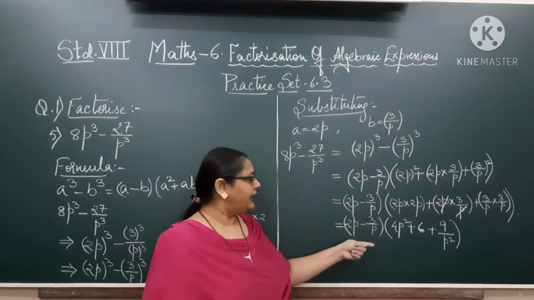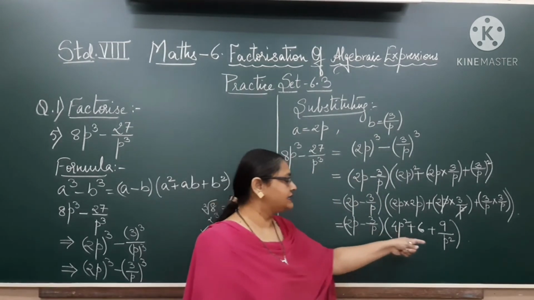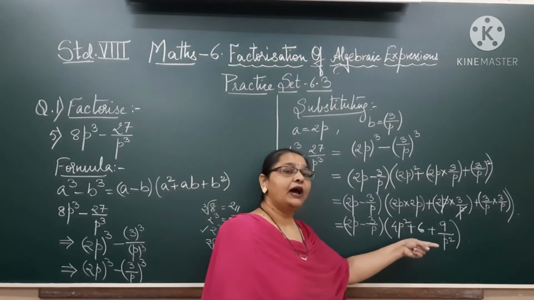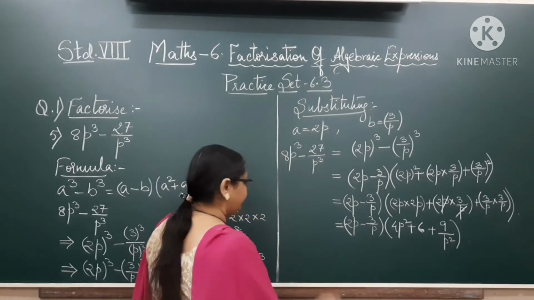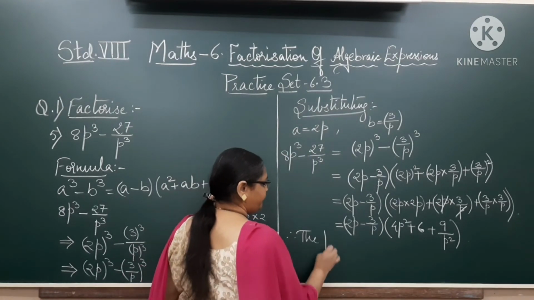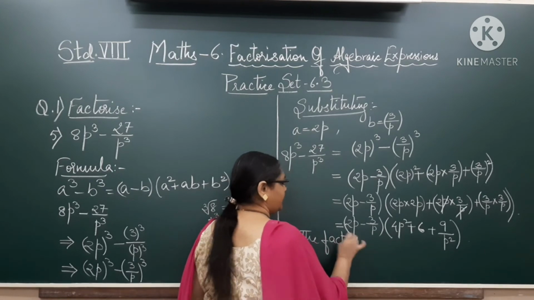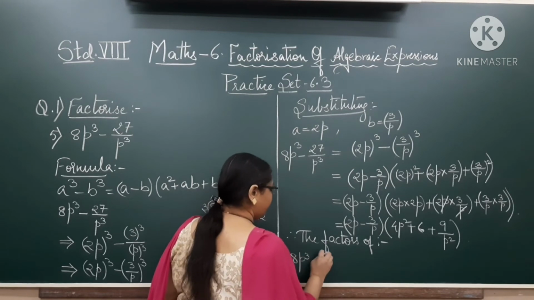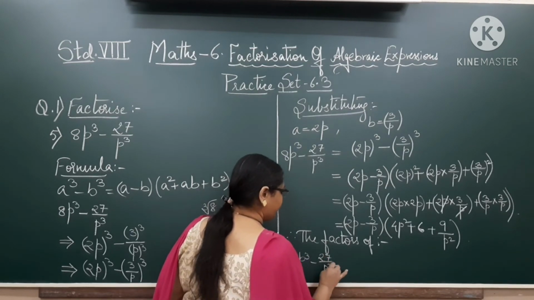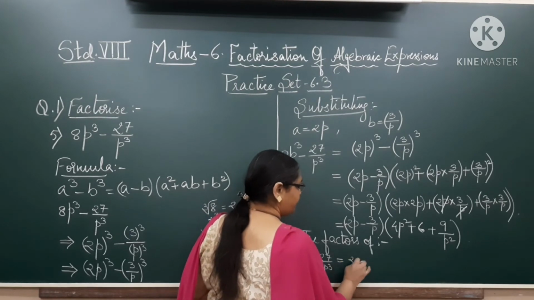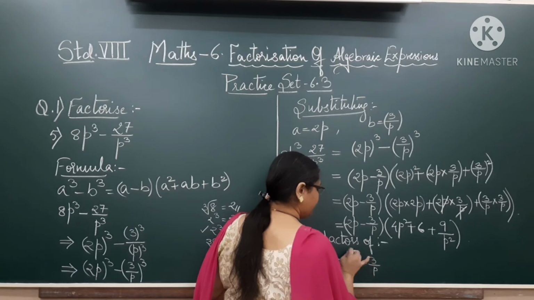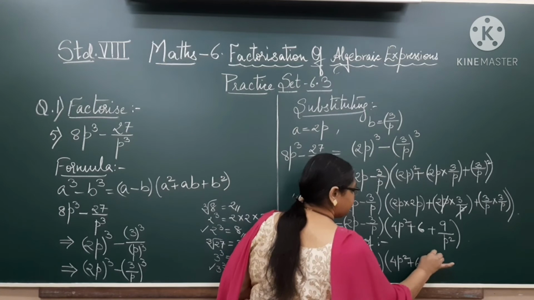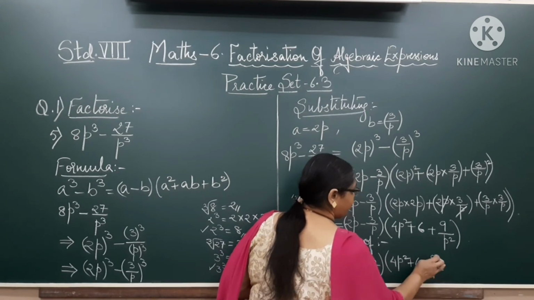So are there any like terms where I can simplify this or this? No, now I have 2 factors already, so I will stop further simplification. Therefore I have got the factors of 8p cubed minus 27 upon p cubed is equal to (2p − 3)/p into 4p squared plus 6 plus 9 upon p squared.